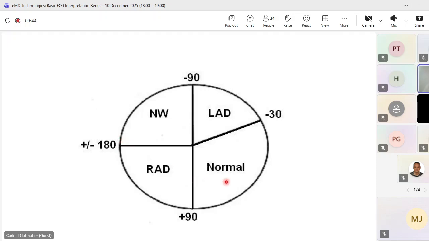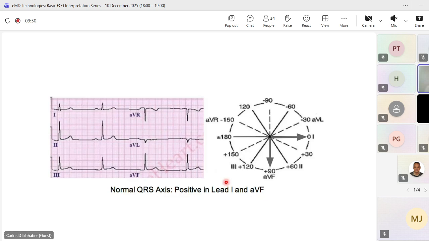So according to what we see, we look at this distribution, and it is very easy. You tell me, of course, I cannot hear you, where is the highest R wave?